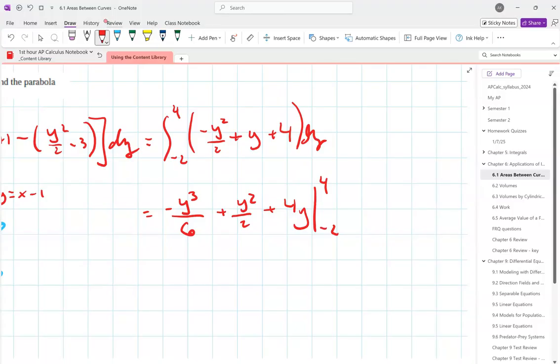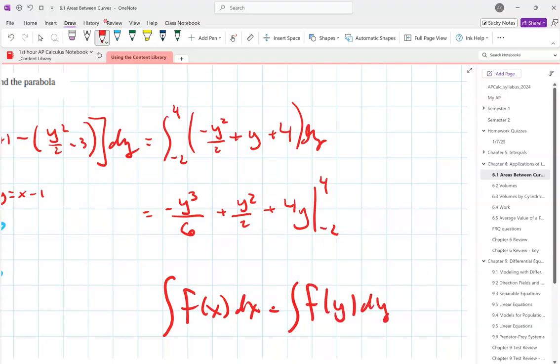If I wanted to do this on my calculator, how would I do this with y's there? I'm just calling them all dx. I'm just using x's instead of y's on my calculator. Give me the same answer, right? Like the integral of f of x dx is going to be the same as the integral of f of y dy.